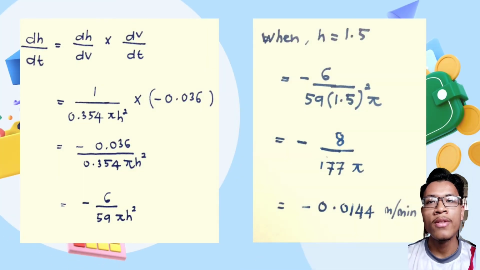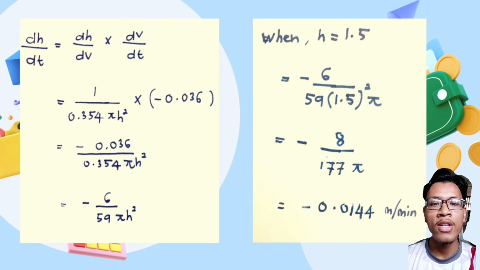From the first equation, dh over dt equals dh over dv times dv over dt. I can take dh over dv to be 1 over 0.354 pi h squared times negative 0.036, and we will get negative 6 over 59 pi h squared.